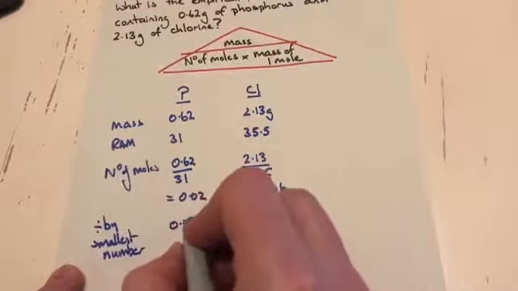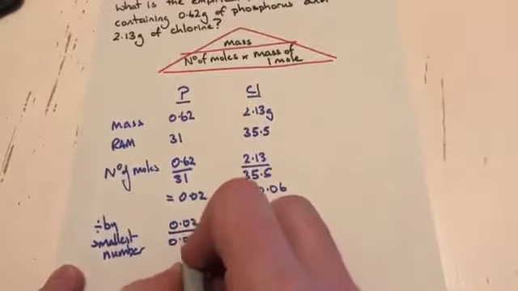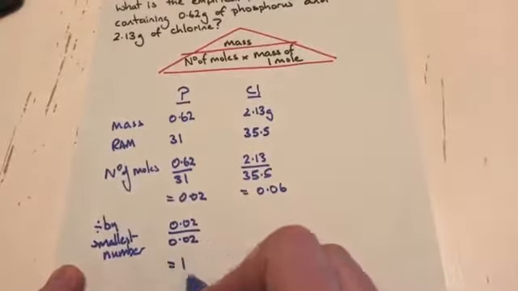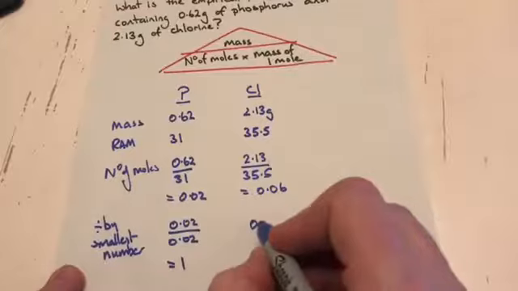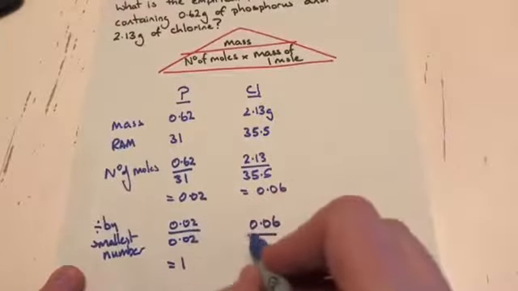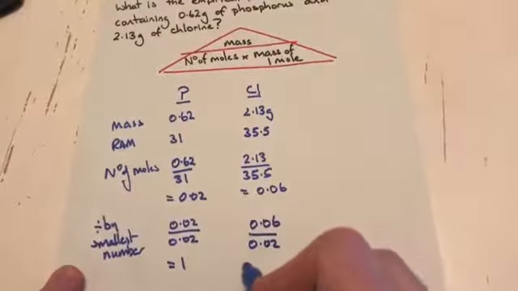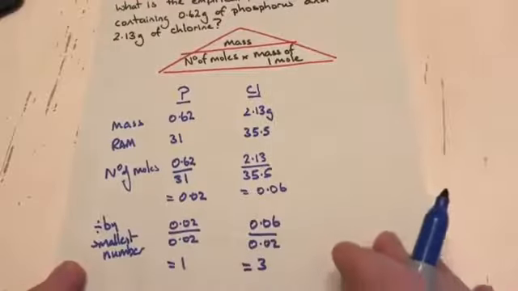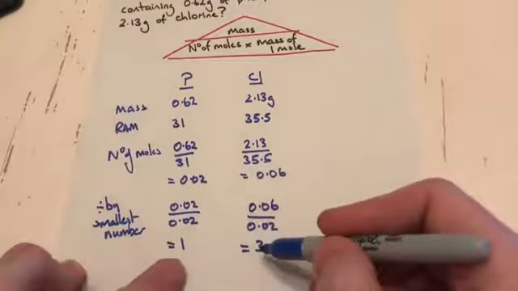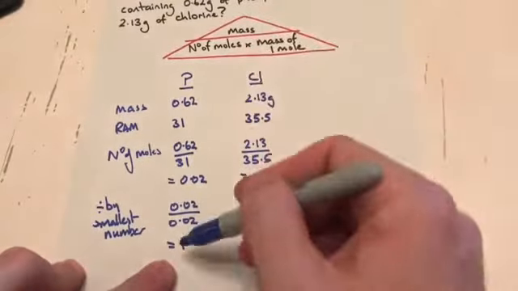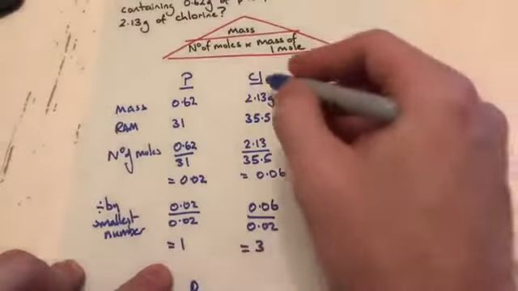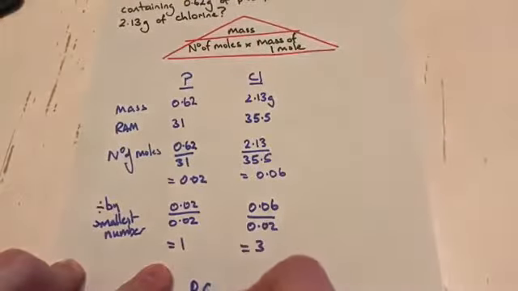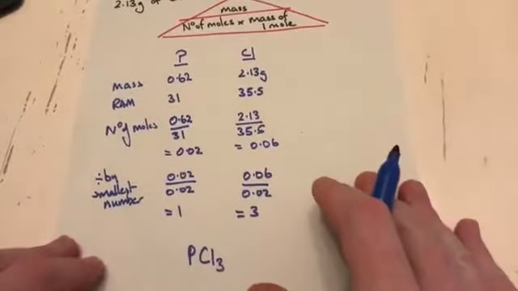So I do 0.02 divided by 0.02, and that's going to equal 1. And this side I've got 0.06, so divide by the smallest number, 0.02, that's going to equal 3. So these now are my ratios. So phosphorus is 1, chlorine is 3, so my empirical formula is PCl3.